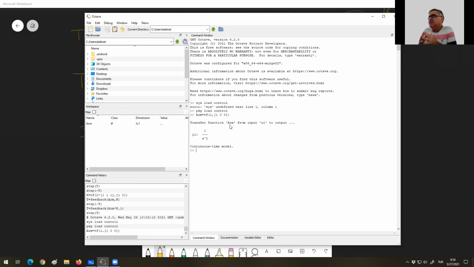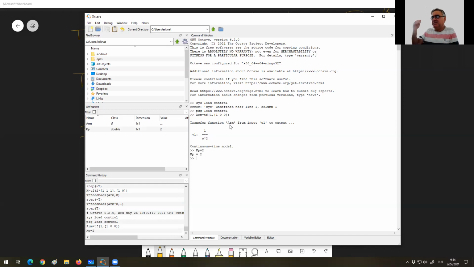Actually, it is some Km over Js squared, but we assume that Km over J is 1 here. We can arbitrarily assume that. And let's say that our Kp, the proportional controller term, is again arbitrary. I tried this, it works, so we will assume that this is 2.